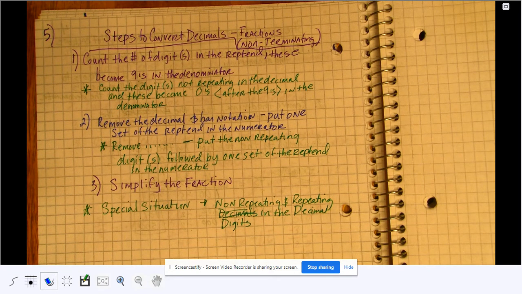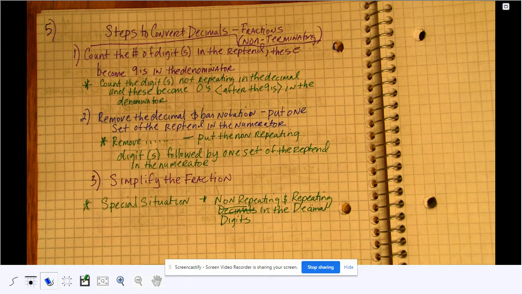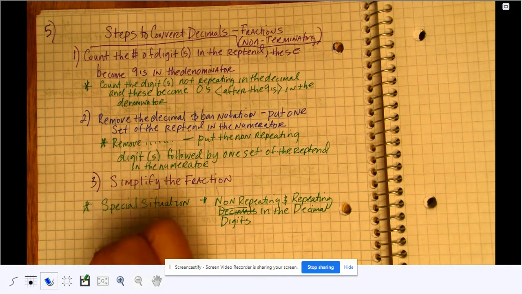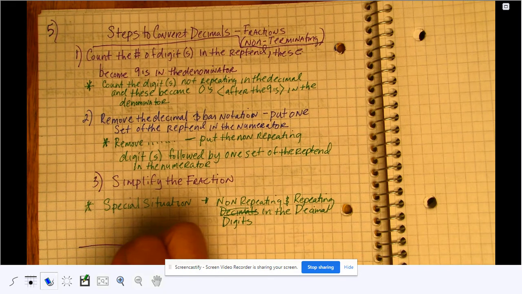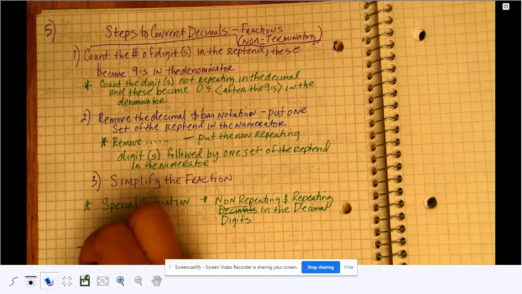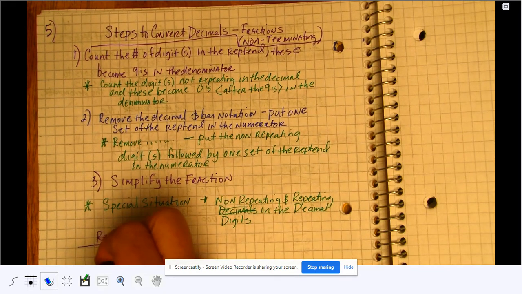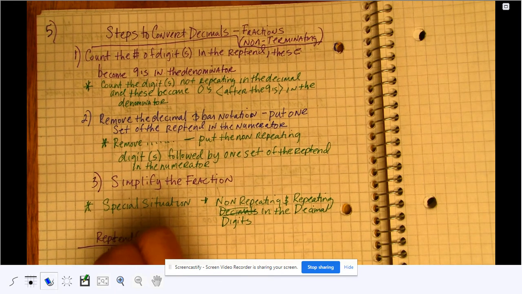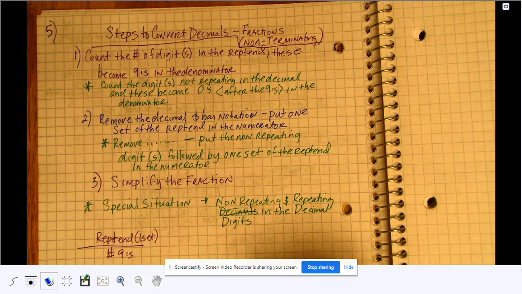Now, what does that look like symbolically? So symbolically for the purple, it literally would just be the reptend, one set, and number of nines that correspond to the digits.